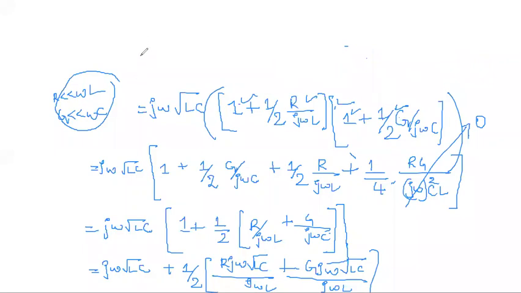So if you simplify the equation, you will get j omega root LC plus half.